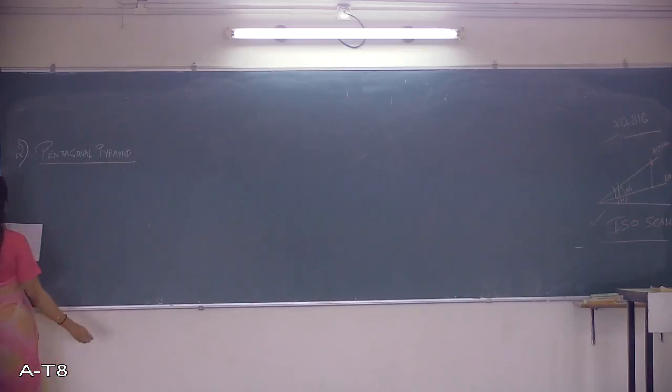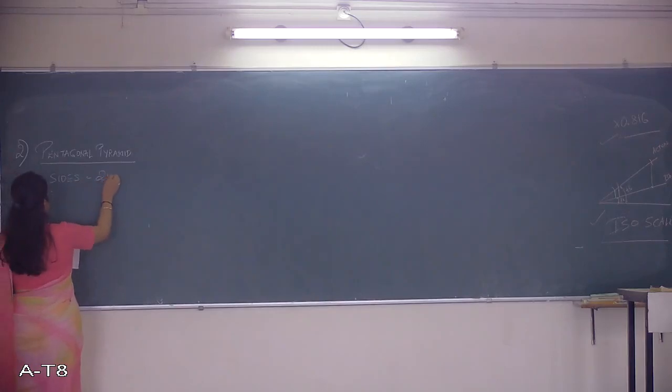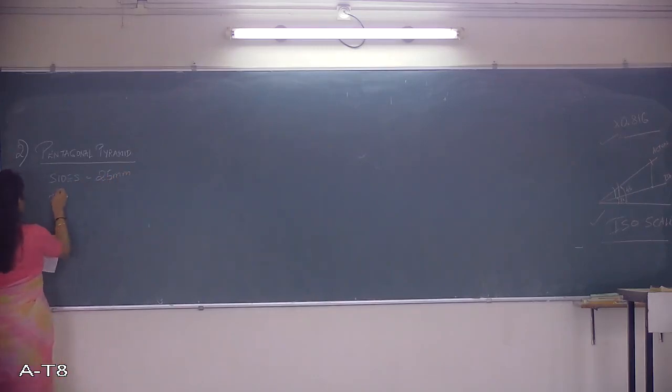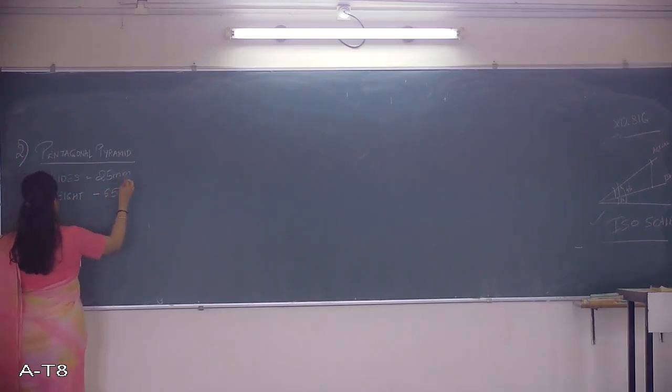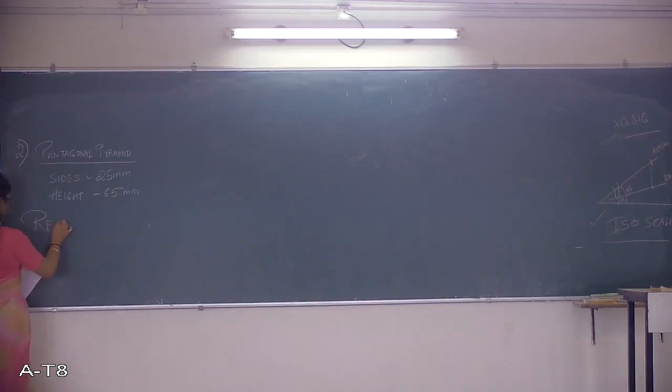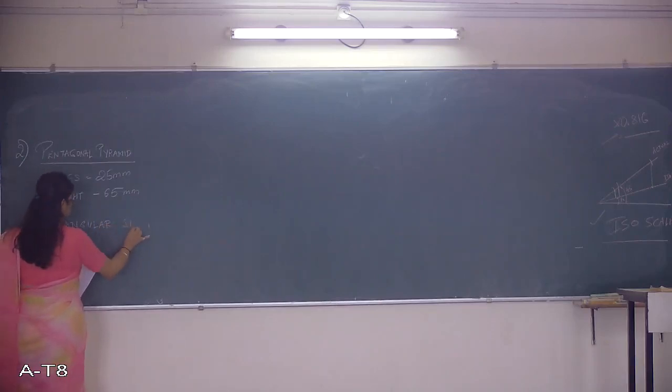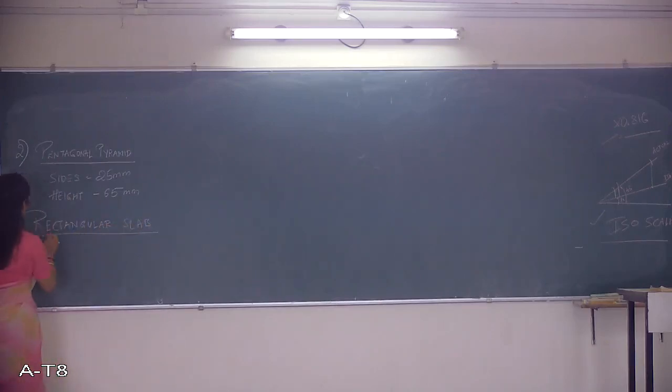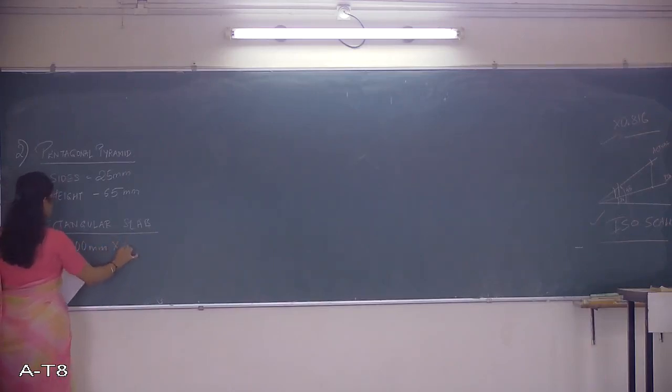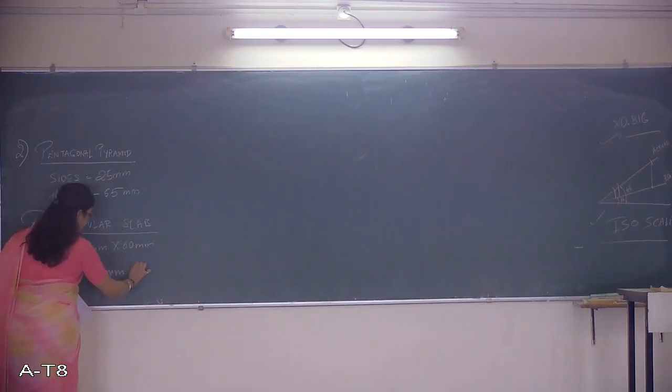This pentagonal pyramid has sides or edges 25 mm and height is 65 mm. This is placed on a rectangular slab. This rectangular slab is having dimensions 100 mm into 60 mm, and this is 20 mm thick.